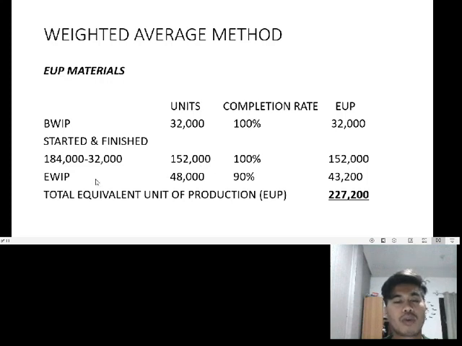So ending work in process 48,000, pero yung sinabi is 90% lang yung natapos, so therefore 43,200. So yung EUP natin under weighted average method is nasa 227,200 units. To compute the EUP for conversion cost under weighted average method, ganun pa rin. Do the math. So yung EUP natin is nasa 203,200 units.